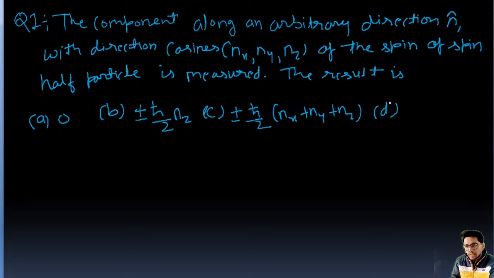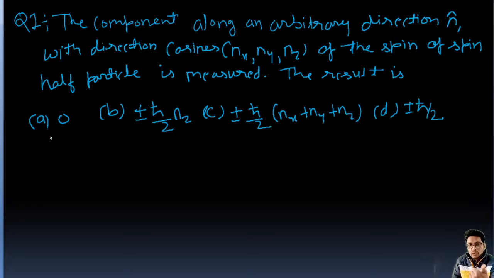And option D is plus minus h cut by 2. Okay, so this is the first question of quantum mechanics PYQ of lecture 4.